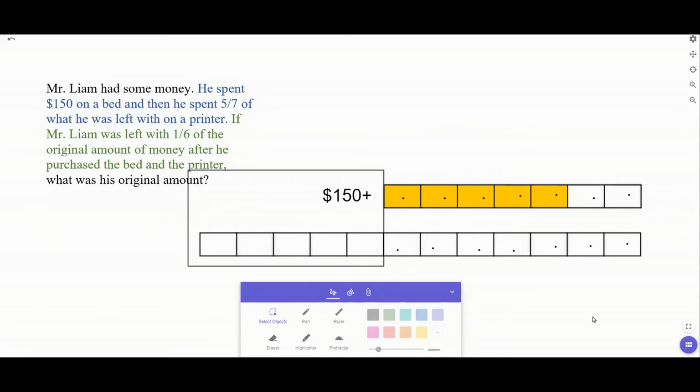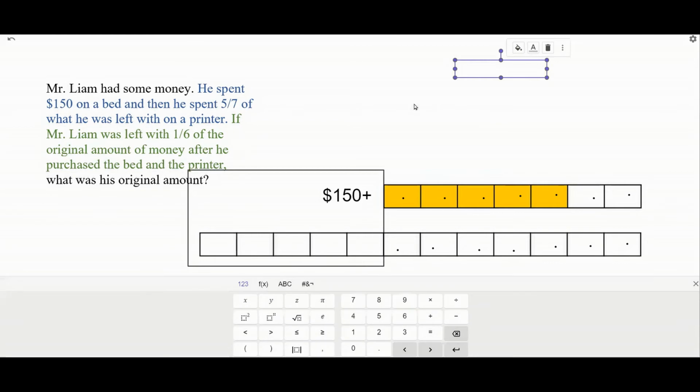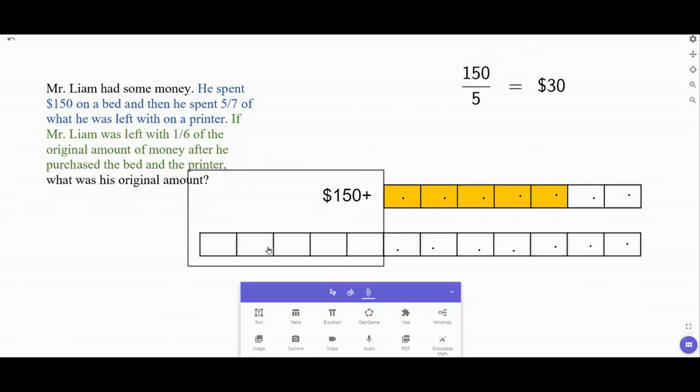If $150 can be represented by 5 identical pieces, each rectangle must be worth 150 divided by 5, and that's equal to $30. So each white little rectangle represents $30.